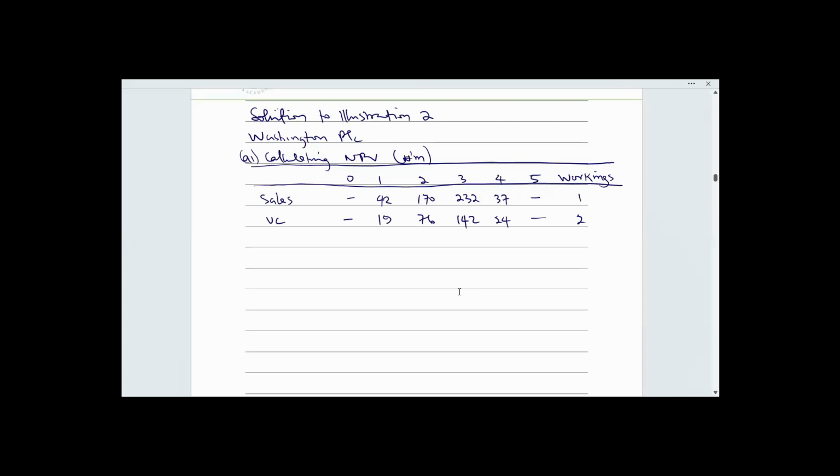Now, we have inflated sales and also variable costs. Let's go back to the question and identify other relevant cash flows. In this question, you're also given fixed cost in current price terms, 10 million naira for each year. If there is no further information on the fixed cost, the fact that the examiner has told you your fixed cost is in current price terms does not mean that it is a relevant fixed cost.